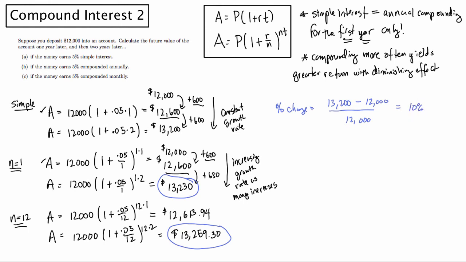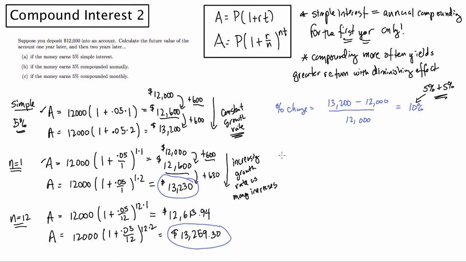That should make a lot of sense because the simple interest rate here is 5%. And so if it's 5% simple interest, then that comes from 5% in the first year and 5% in the second year. That one's really easy to pick out. That's why it's called simple interest, because the interest is added year in and year out, and it's always calculated on the same value, so it never changes. You can see we've got the constant rate of $600. You're going to gain $600 a year every single year.